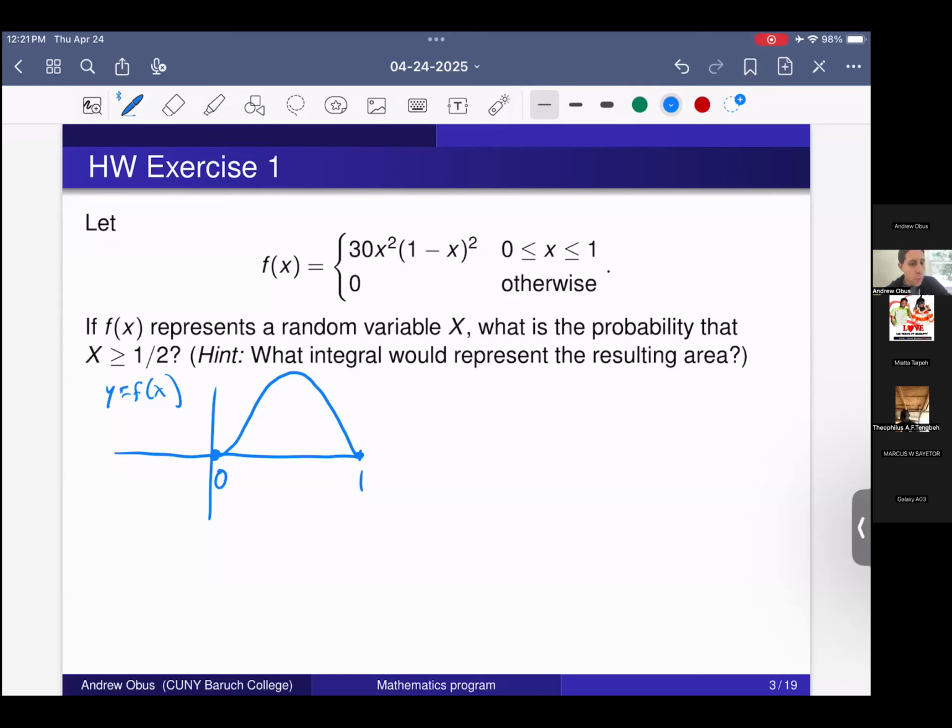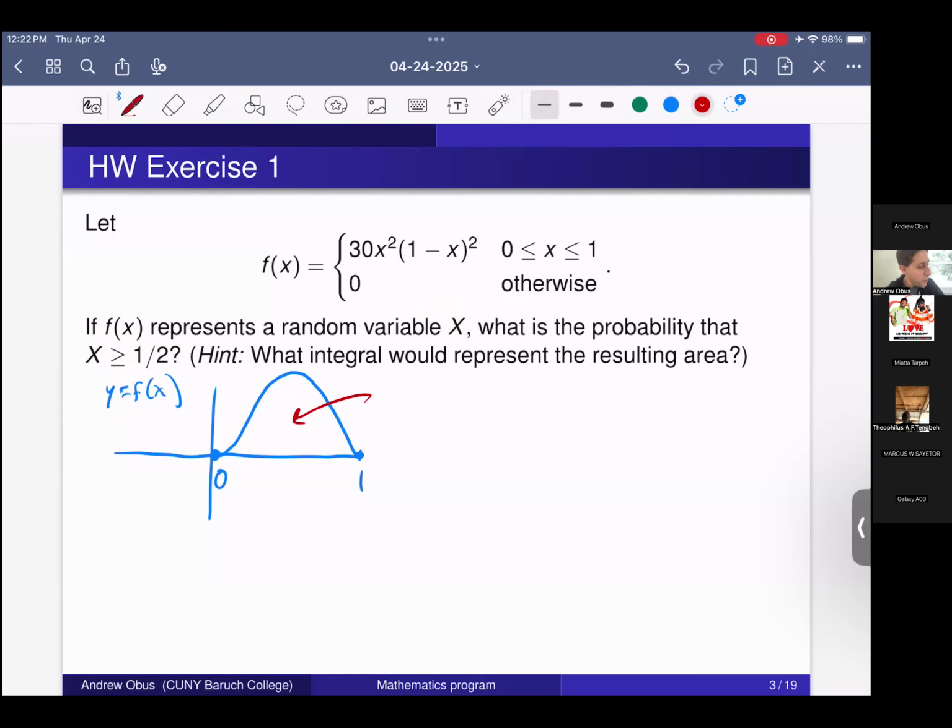So the first question is, if this represents a random variable x, what is the probability that x is greater than or equal to 1/2? That probability means we've got this total area equal to 1, right?